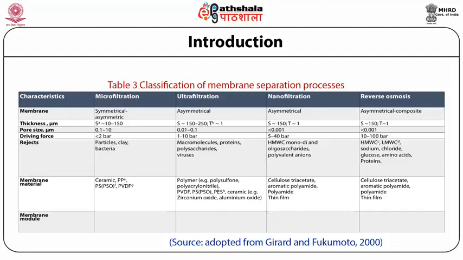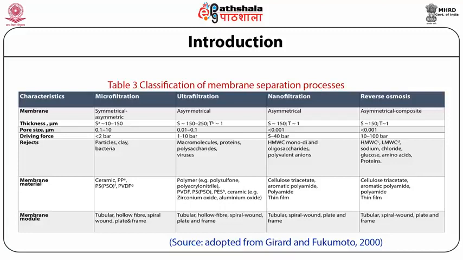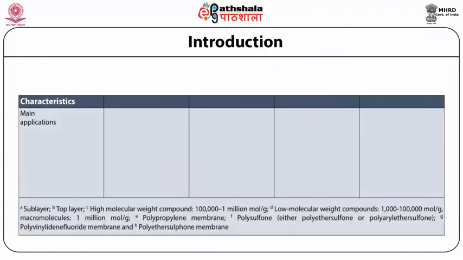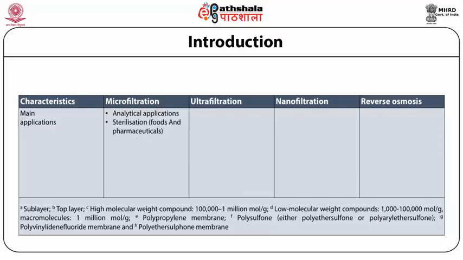Membrane modules available for these processes: for microfiltration, tubular, hollow fiber, spiral wound and plate and frame. Again for UF, tubular, hollow fiber, spiral wound and plate and frame, and all the modules are used in NF and RO also.